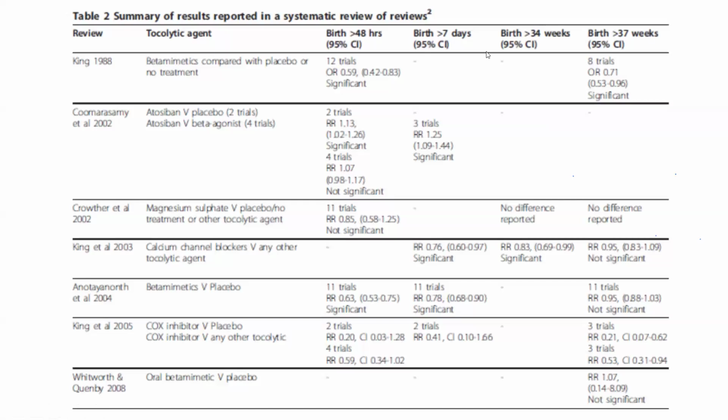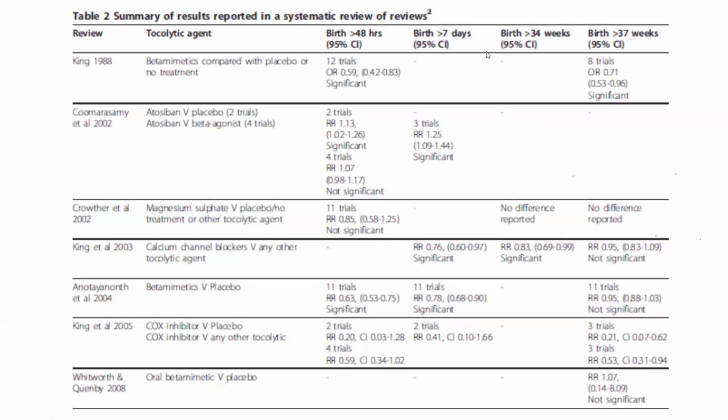And this is another summary of results reported in a systematic review of systematic reviews. Here you can also appreciate the number of trials, for instance, this was about beta-agonists compared with placebo or no treatment.